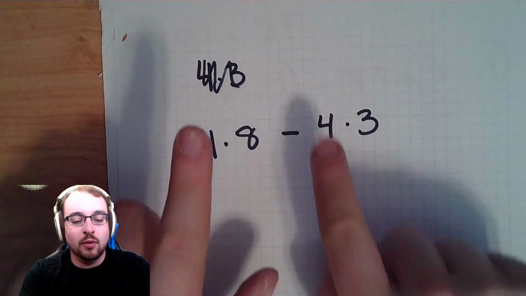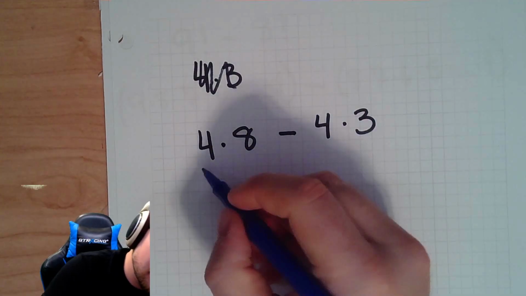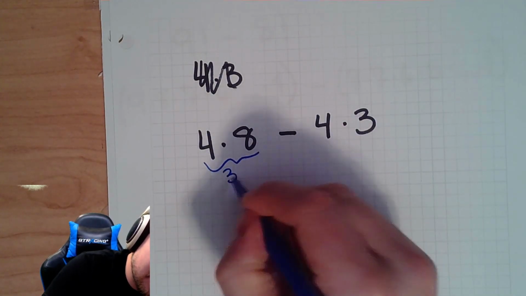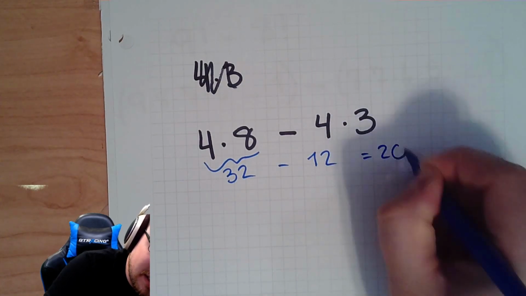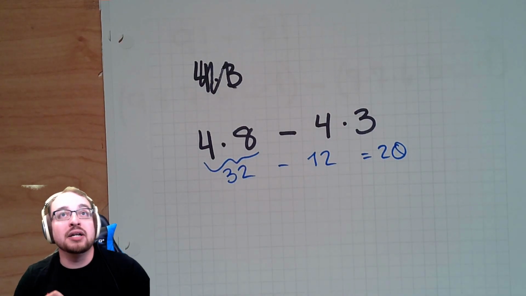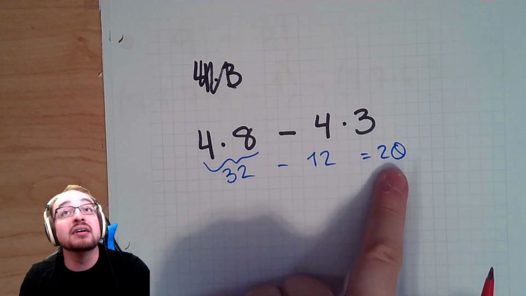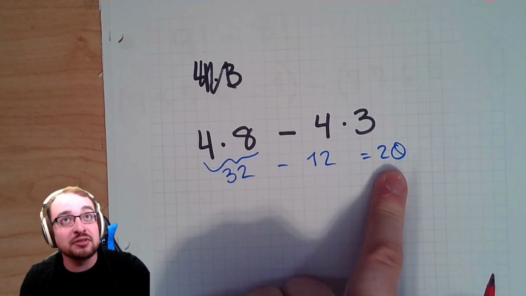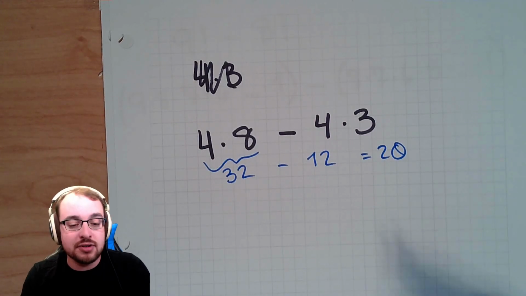You wouldn't say the 4's just go away and you get 8 minus 3 is 5, right? Because 4 times 8 is 32, and 4 times 3 is 12. Ooh, that's 20. It's not 5. However, you might notice this is 8 4s minus 3 4s, so we're left with 5 4s, otherwise known as 20.